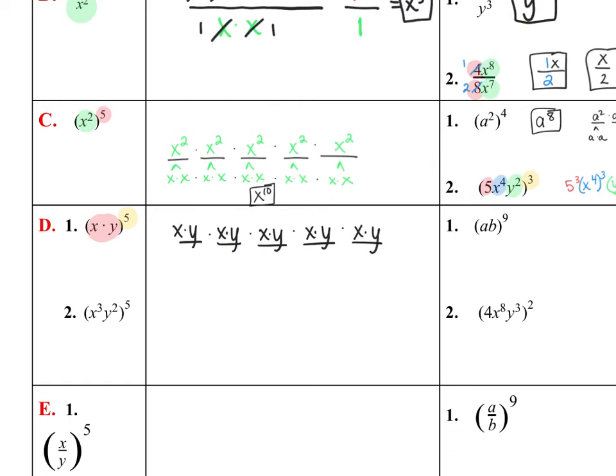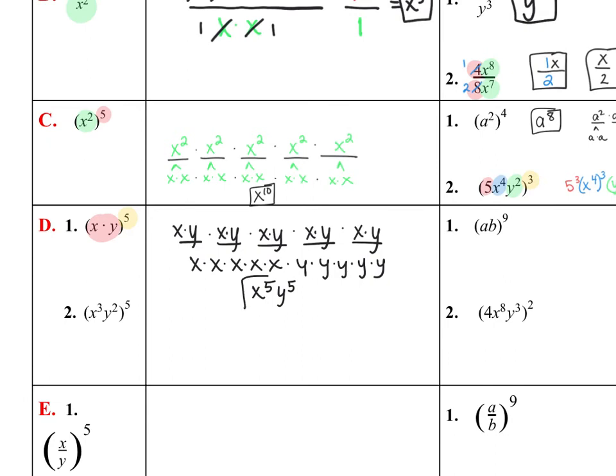Now remember, since the only operation within this problem is multiplication, and multiplication is commutative, I could swap everything and put it in the order that makes sense. So I could do all my x's first, times all my y's second, for a final answer of x to the 5th, y to the 5th.